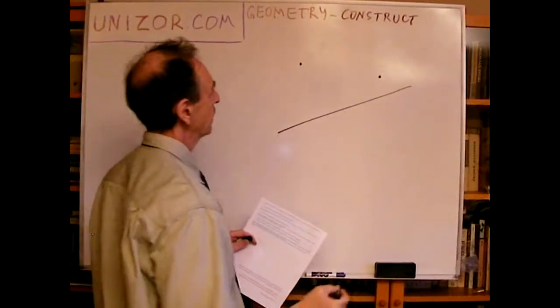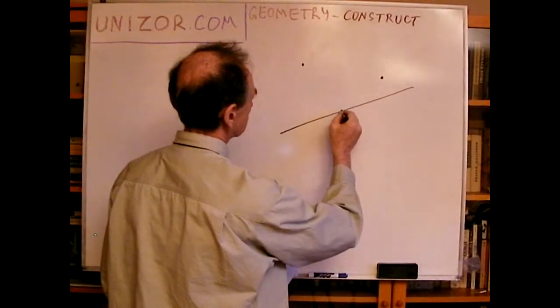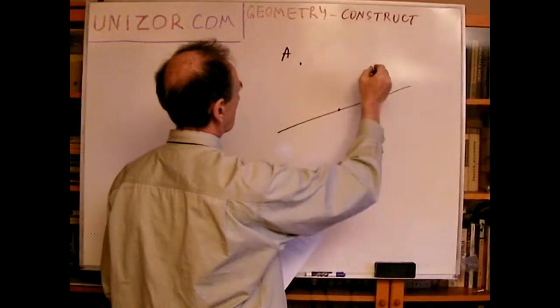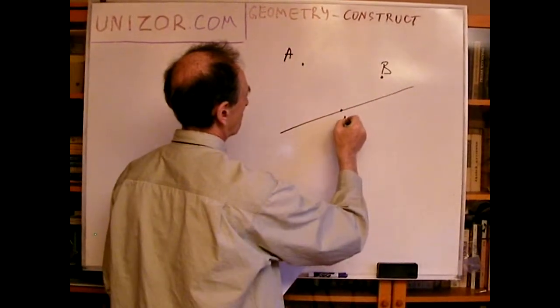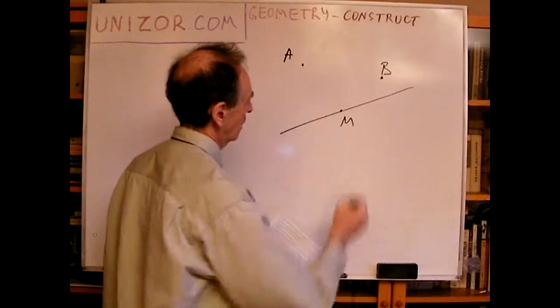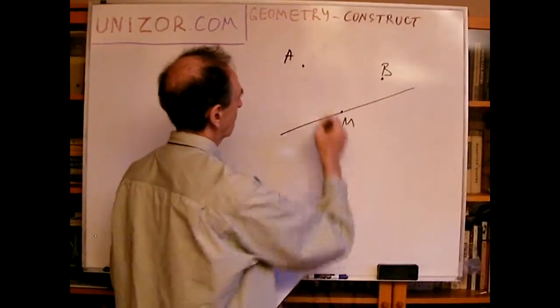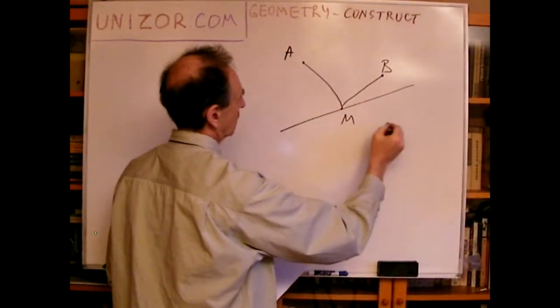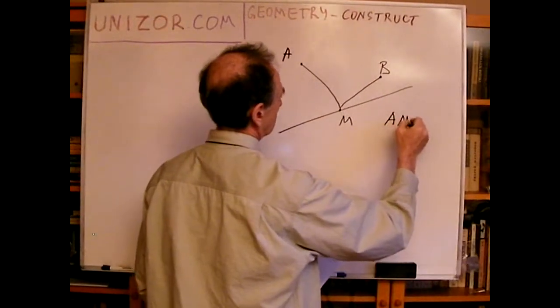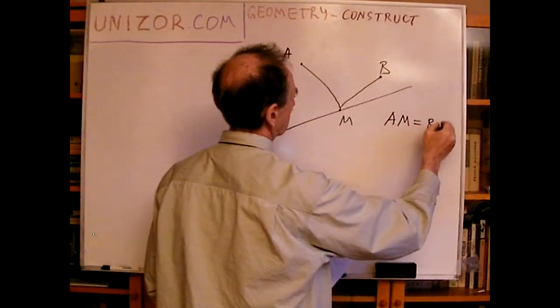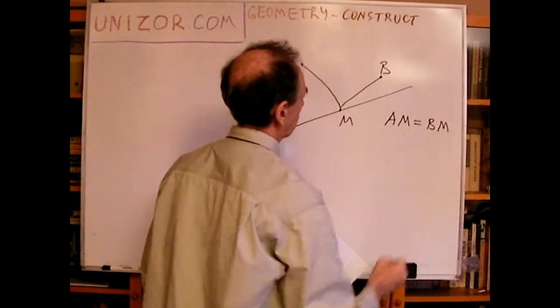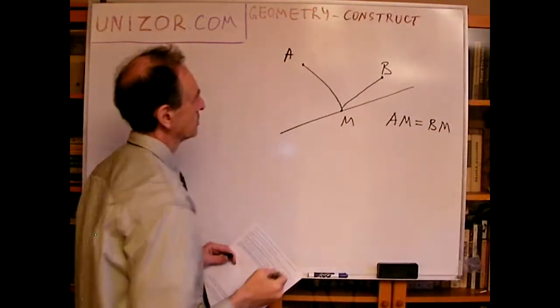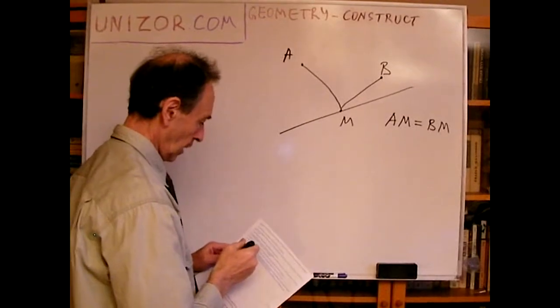What I have to find is the point M on this line equidistant from A and B. AM should be equal to BM, I mean the lengths of these segments. Well, how to do it?